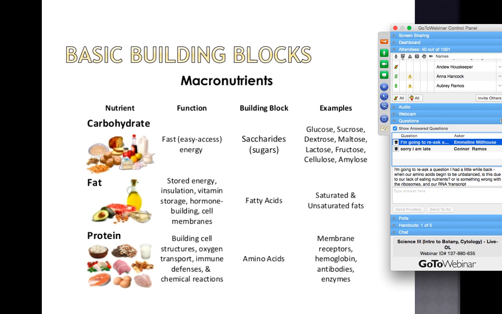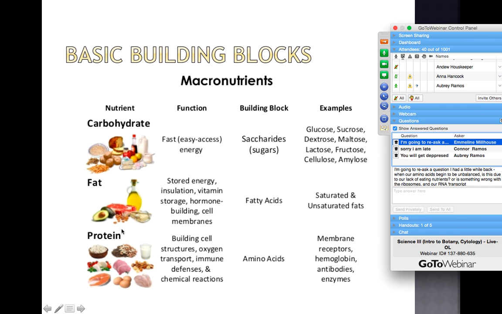Most of the time, if we have an imbalance in the type of amino acids that we get, it is because of an unbalanced diet. And so we need to be careful to have a balanced diet in order to obtain the nutrients that are needed for the body.